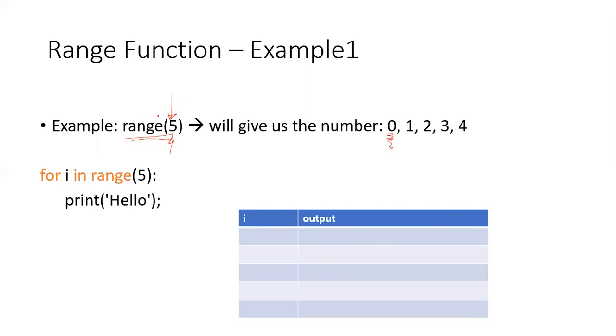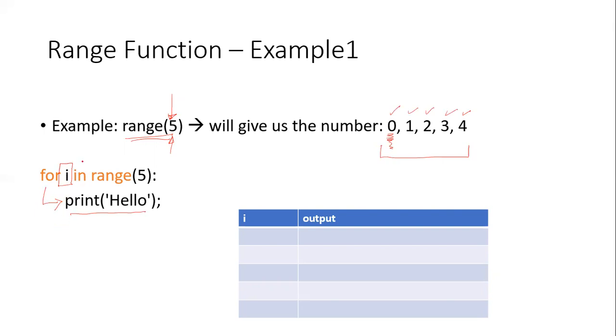So when I say range 5, it will give me the numbers 0, 1, 2, 3, 4 and stop there. So range 5 will generate numbers from 0 up to 4. How will this now work inside of a for loop? For I in range 5, print hello. So this is the statement that is going to be repeated inside of the for loop.